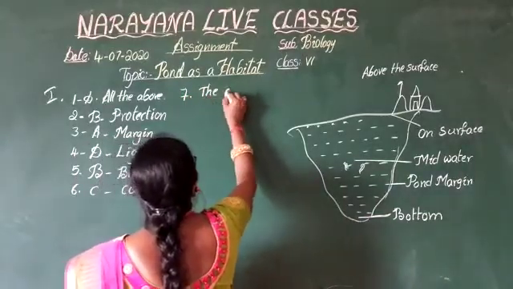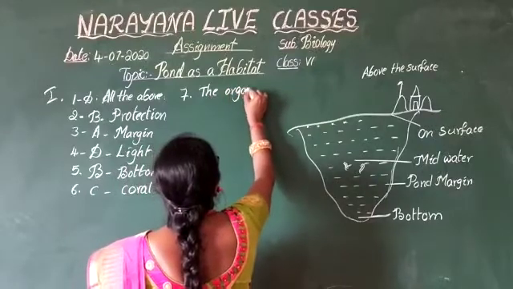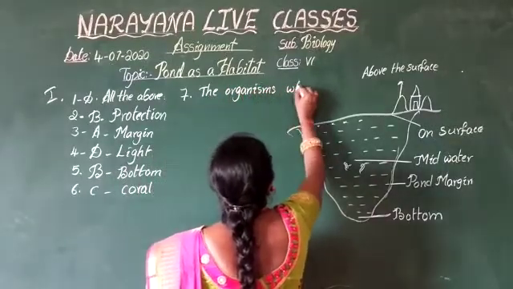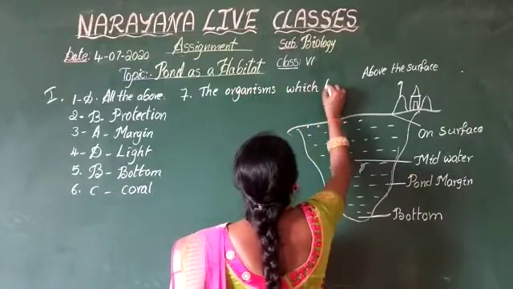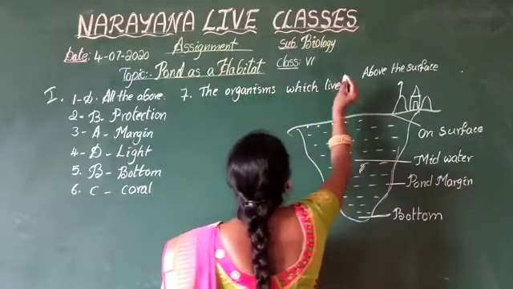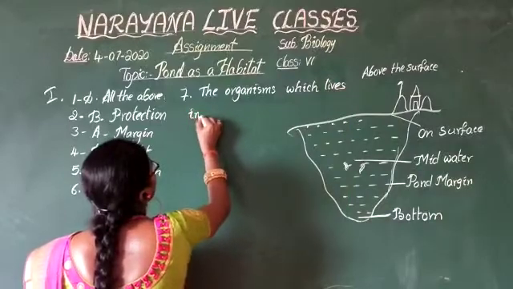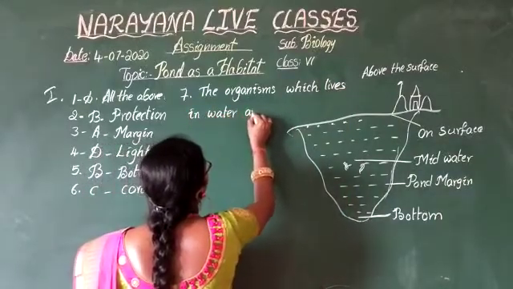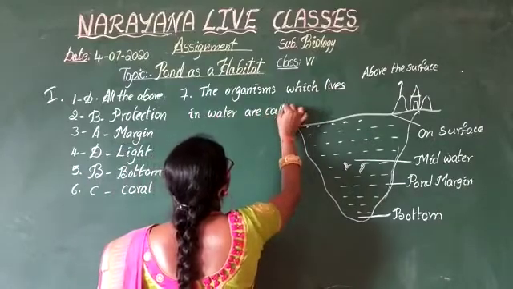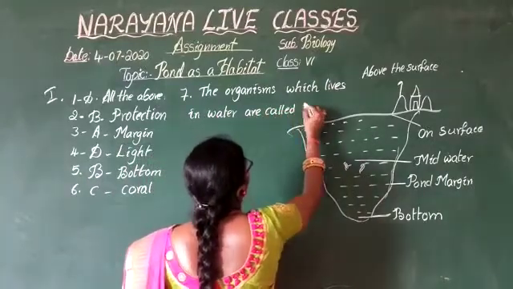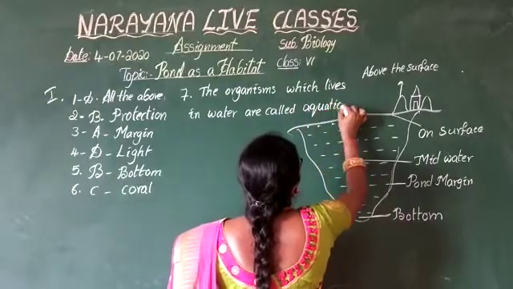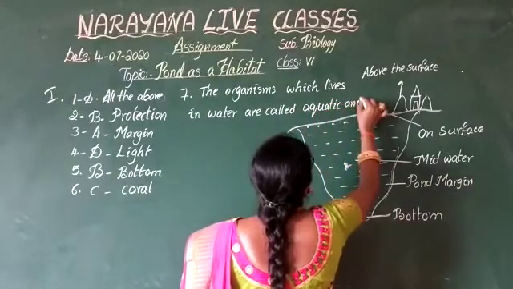The organisms which live in water are called aquatic animals and aquatic plants.